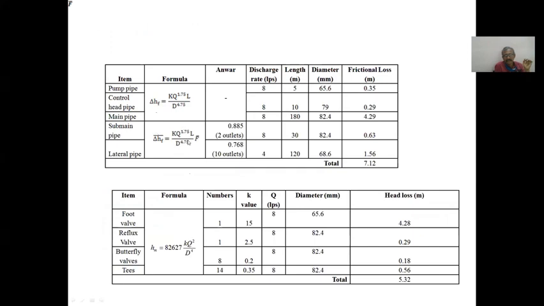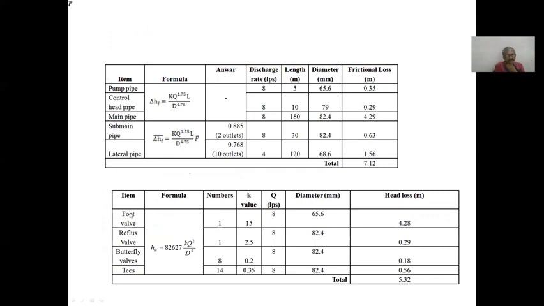For submain pipe, find out the average losses using inverse friction factor. For submain and lateral, find out the average friction loss. Then you get the total friction loss in the pipe.